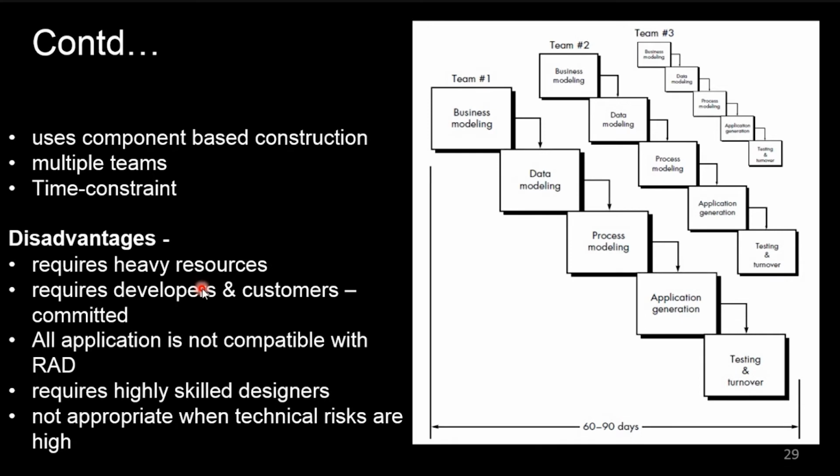After that, it requires developers and customers who are heavily committed to these rapid-fire activities which are necessary to develop a system in this time frame, using this RAD model methodology. So we need to consider that the developers and customers should be heavily committed to this model.